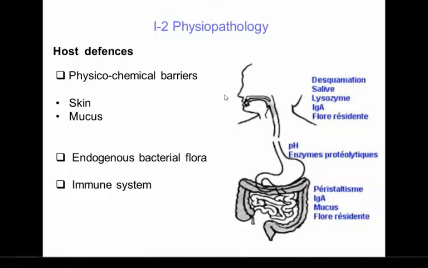Imagine this is your nose here, going into your trachea. You don't have a smooth tube here, which would cause laminar flow and allow particles to go deep into your trachea and lungs.